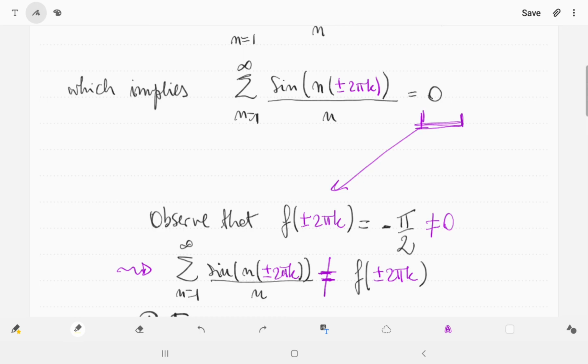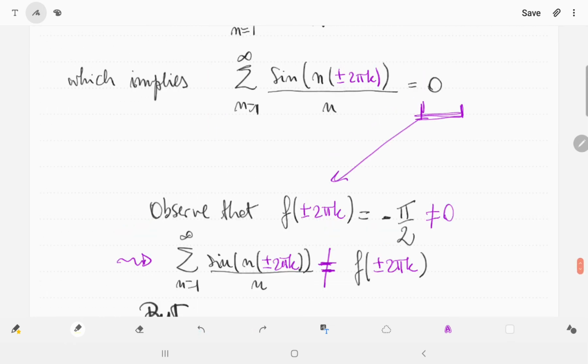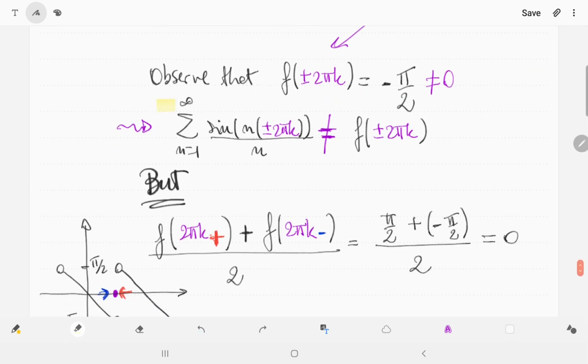So we cannot claim that the Fourier series representation is equal to f in every point. We can for sure say that the Fourier series representation of f is equal to f at x for all the x where f is continuous. But when f is not continuous, we cannot say we have this identity written exactly here.